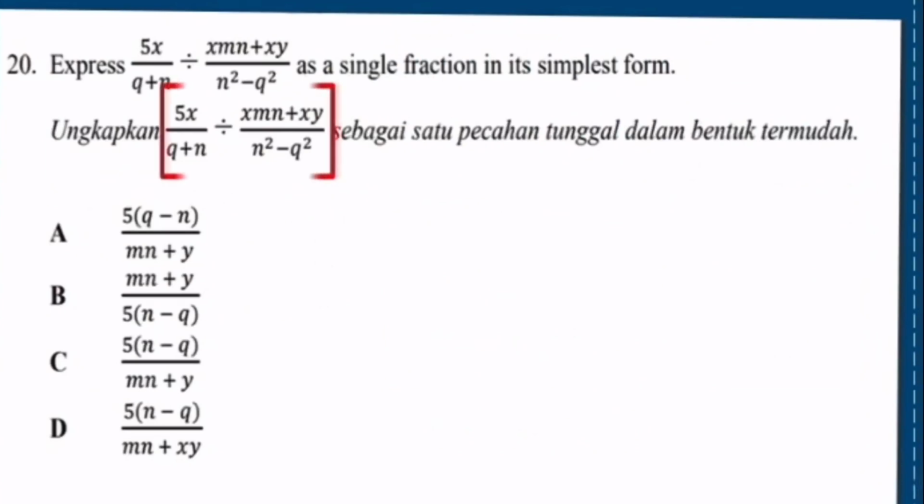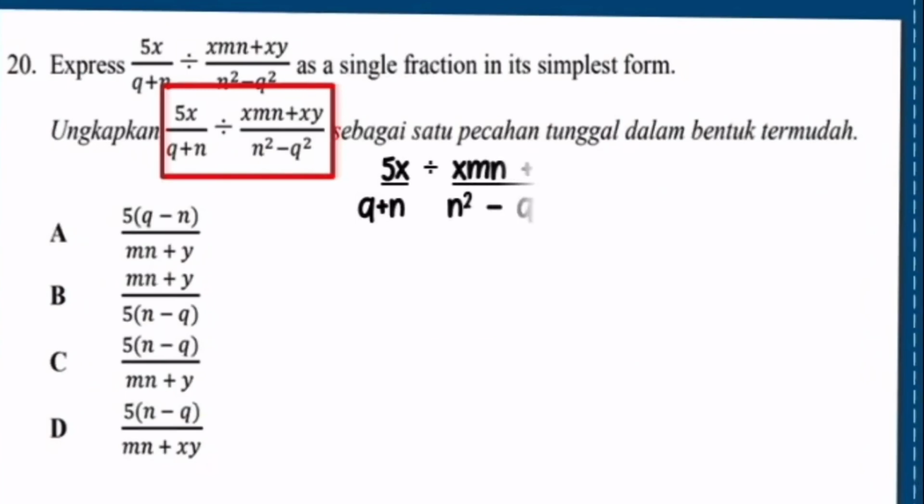Express 5x over q plus n divided by xmn plus xy over n squared minus q squared. For this question, actually you need to factorize. We are going to factorize the xmn plus xy. There is a common factor, which is x.